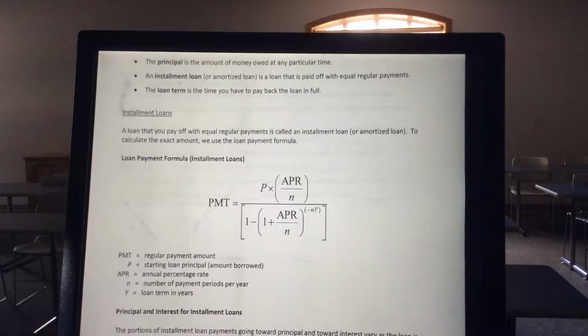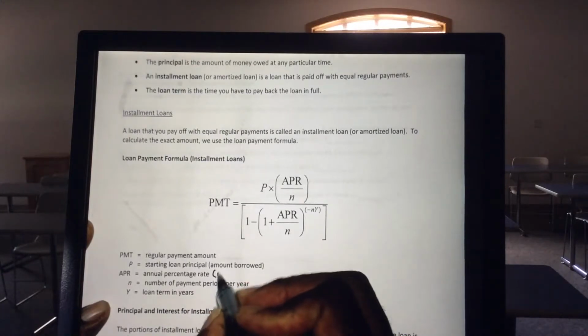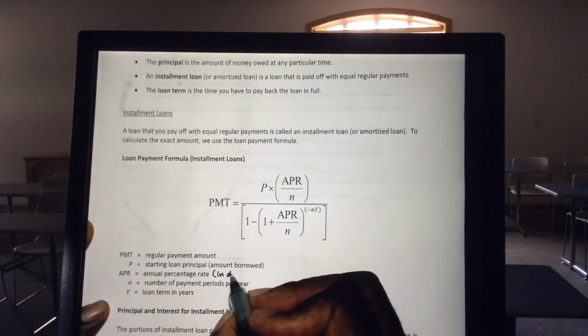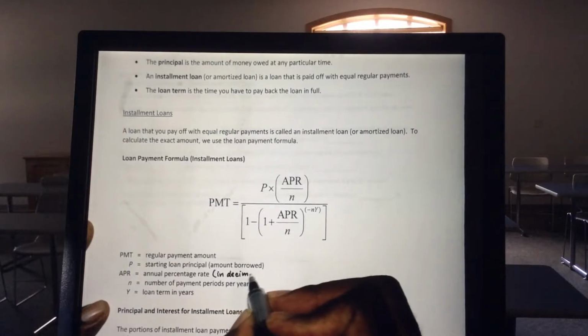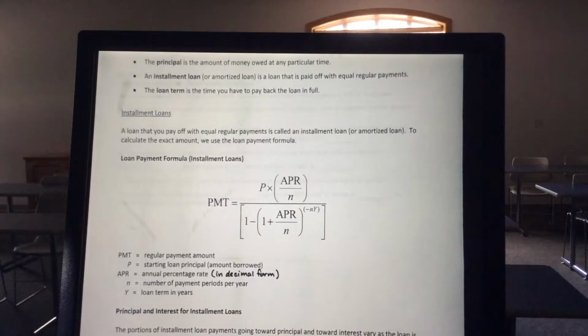Now, what do these variables mean? Well, in this case, your PMT is going to be your regular payment amount. The P is the starting loan principal, that is the amount that you borrow. Your APR is going to be the annual percentage rate, and this should be in decimal form because it'll give you the percent, so you want to change it to a decimal.